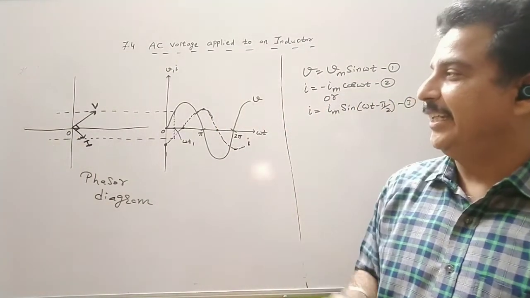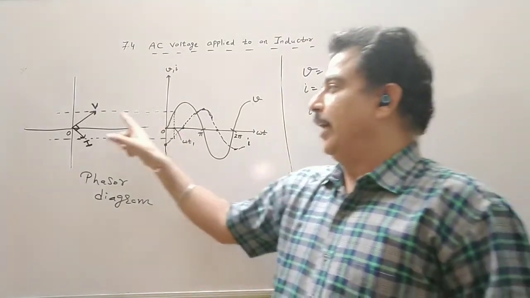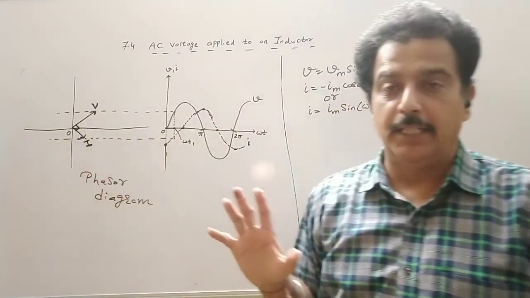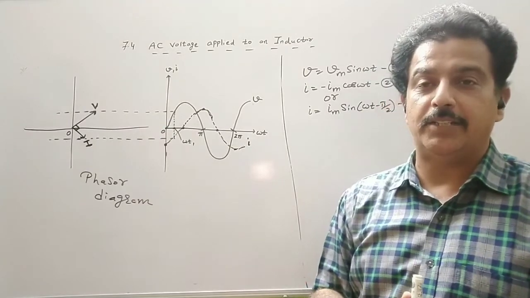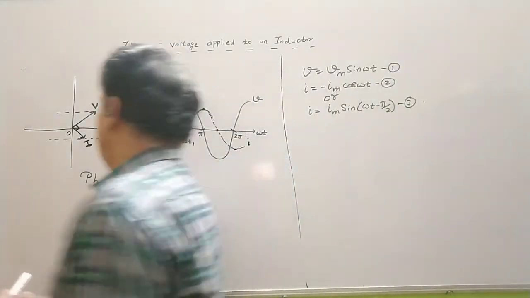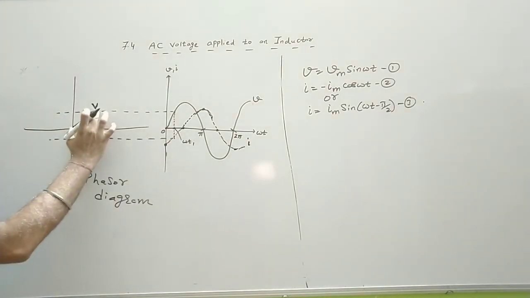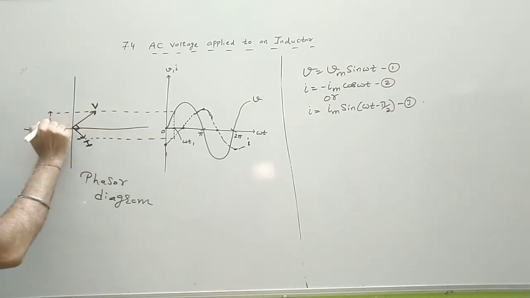So at any instant, V leads the current by 90 degree, or you can say the current lags behind the voltage by 90 degree. So this is a perfect 90. Now what is the magnitude of this phasor? It is Vm.